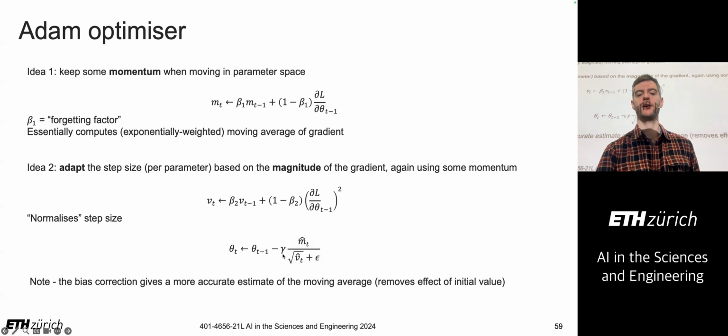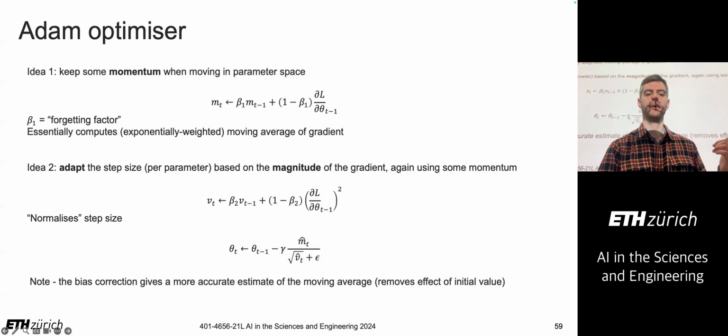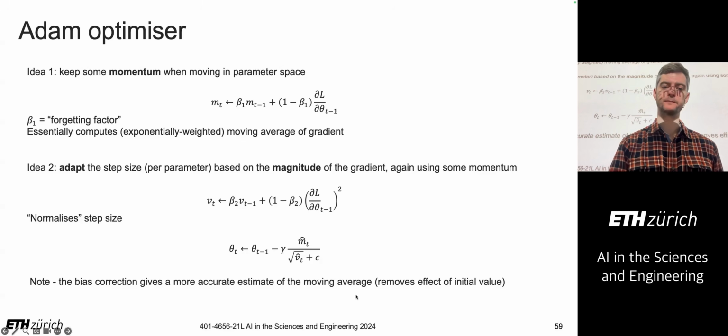And so here then the learning rate is more intuitive because it basically tells you on average what is the magnitude of the update that I'm applying to the parameter at each training step. And then the bias correction that I showed in the previous slide is just to remove the effect of the initial value of the moving average. So this is just a nuance of the algorithm.